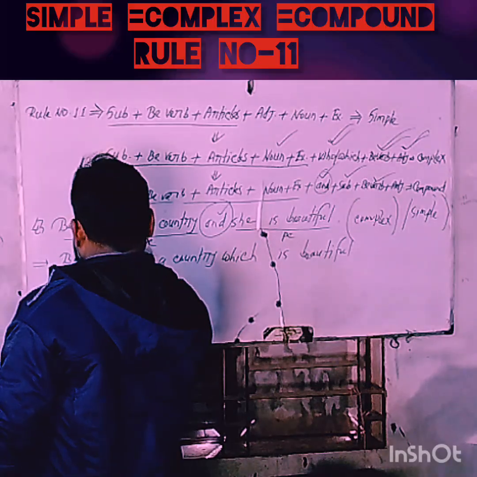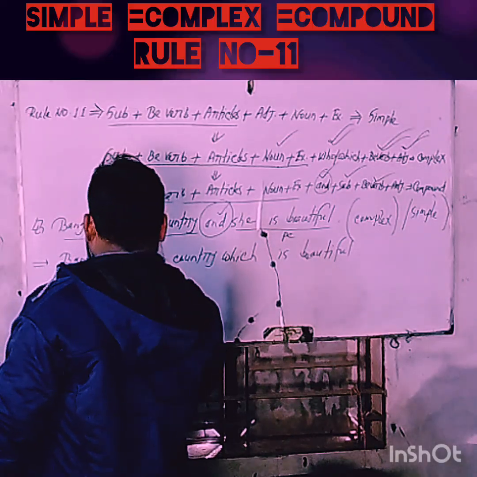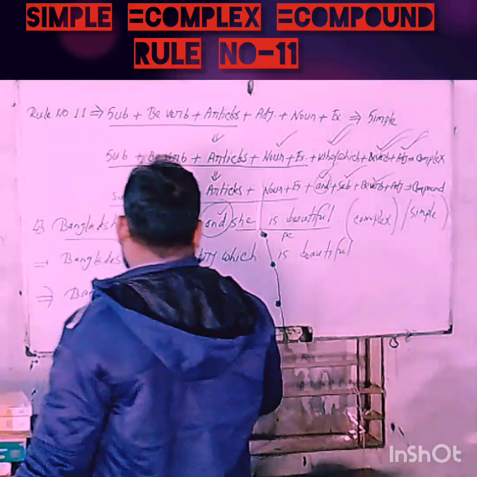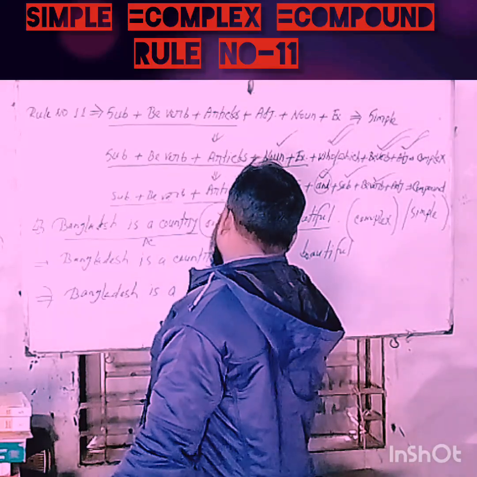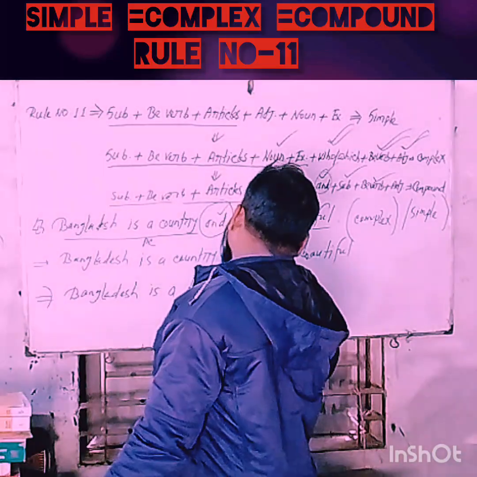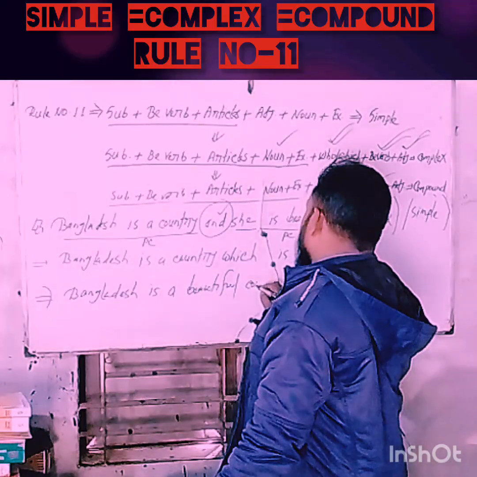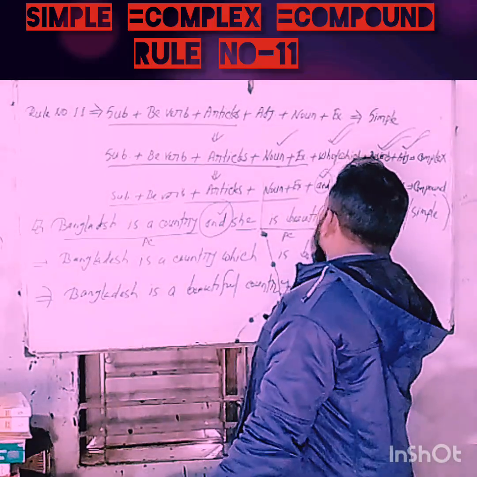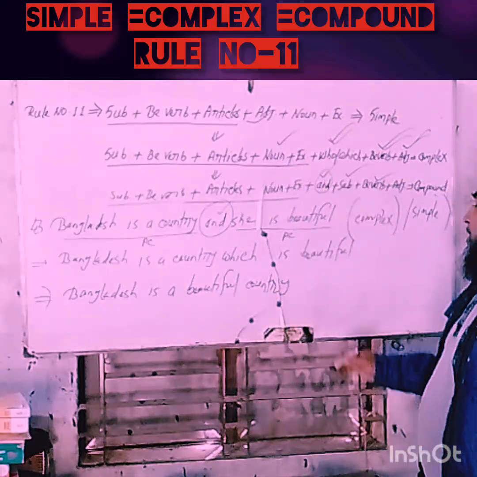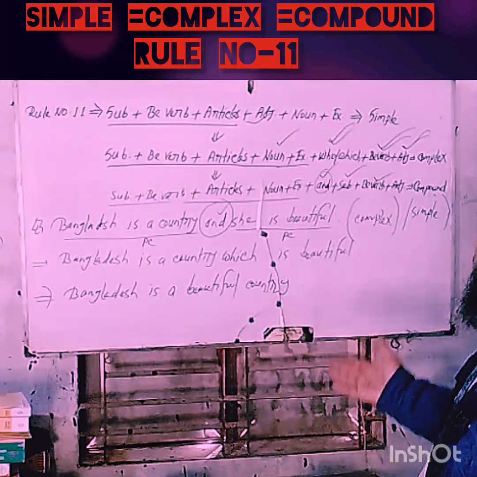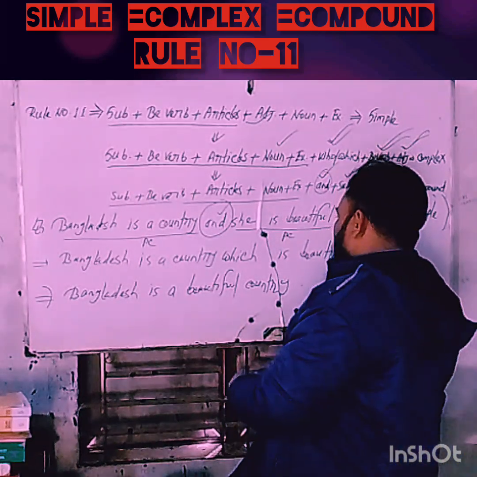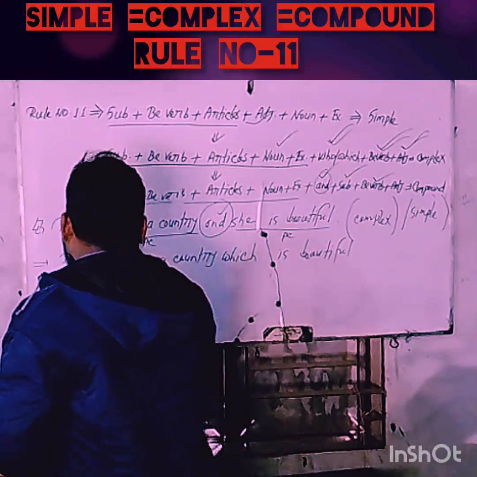At first, subject, Bangladesh, verb, article, adjective, noun. With reference to this structure. Okay, learners, already we can see that this sentence has been changed into a simple sentence. Hope that you have understood clearly.